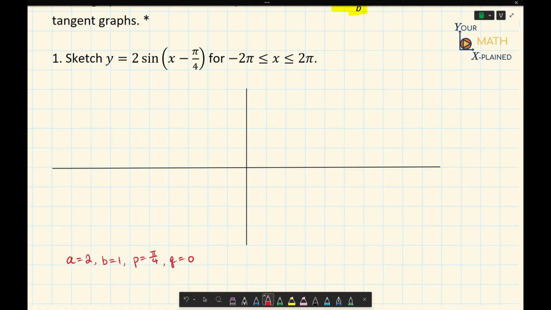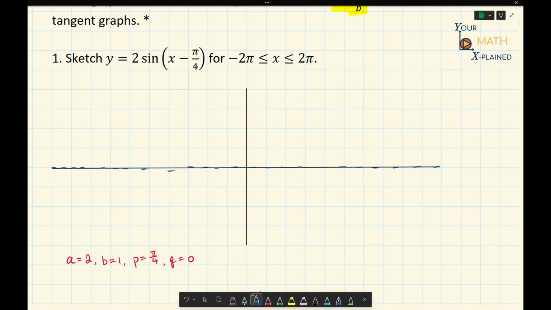Usually what we want to do is start with our midline. So we're going to draw a dotted line. Since our midline is 0, our dotted line is going to be right on the x-axis. And then next, we're going to draw 2 more dotted lines, one for the maximum and one for the minimum. Since our amplitude is equal to 2, that means our maximum is going to be at 2.